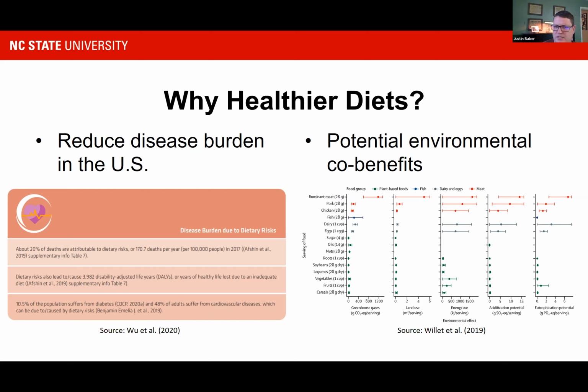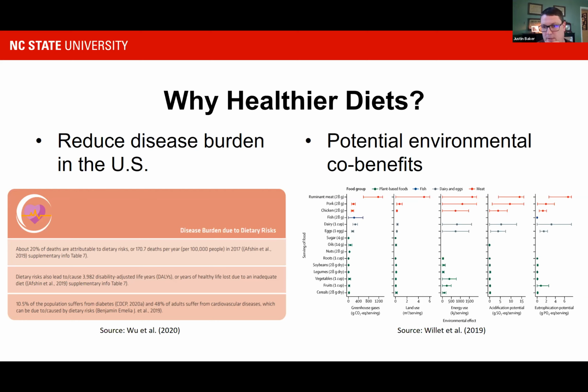But also increasingly, the literature has turned to evaluating the potential environmental benefits of healthier diets. This is a figure taken from the EAT-Lancet report that came out in 2019. I don't want to spend a lot of time here, but basically they look at a serving size of different types of food: ruminant meat or red meat at the top, pork, chicken, fish, all the way down to fruits and cereals.